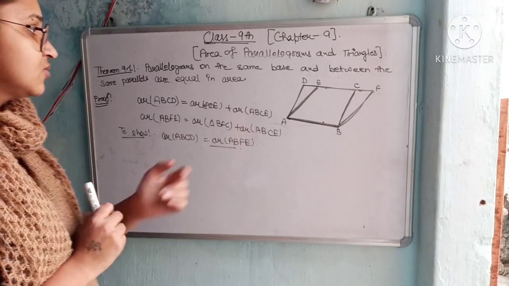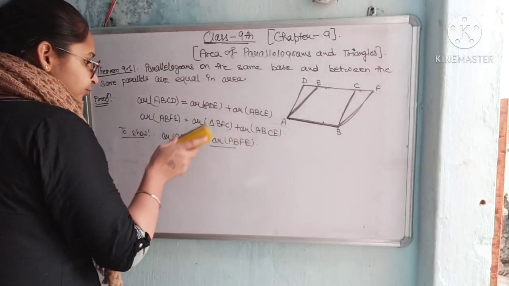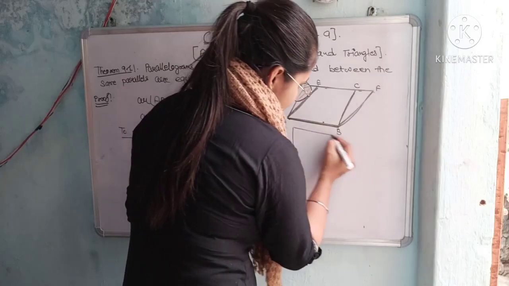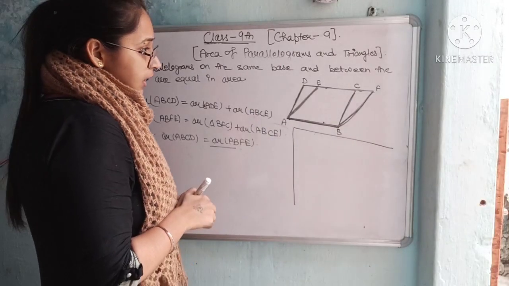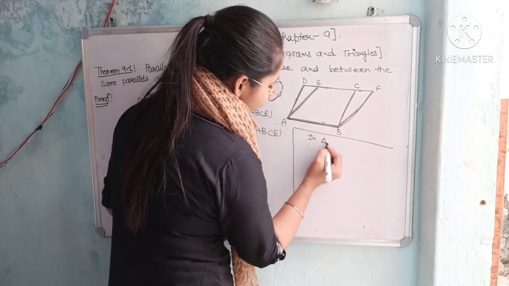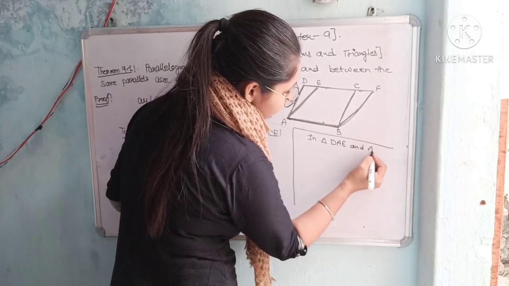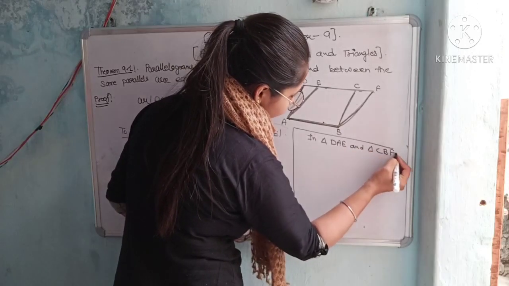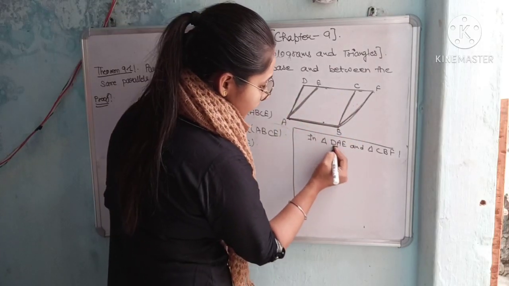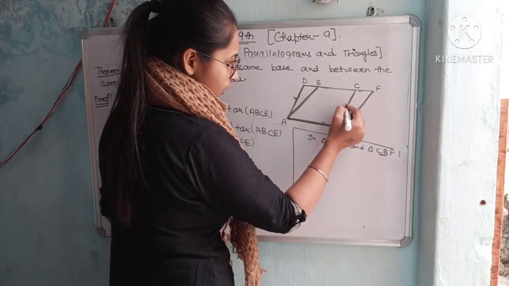So the first task is to prove that these two triangles are congruent. Now, how are we going to prove these two triangles congruent? In triangle DAE and the second triangle CBF, AD is equal to BC.